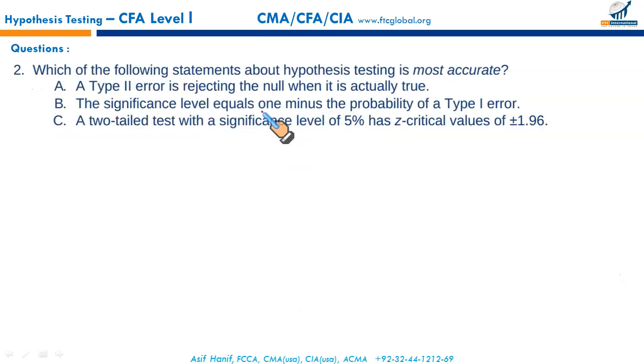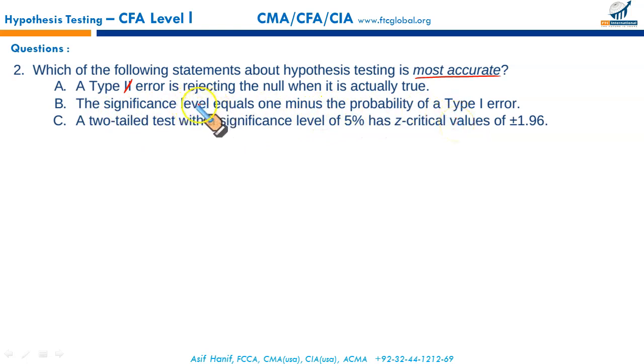Next, which of the following statements about hypothesis testing is most accurate? A type 2 error is rejecting the null when it is actually true. Wrong. That is type 1. That's a type 1 error, rejecting the null when it is actually true. The significance level equals 1 minus the probability of type 1 error. Wrong.